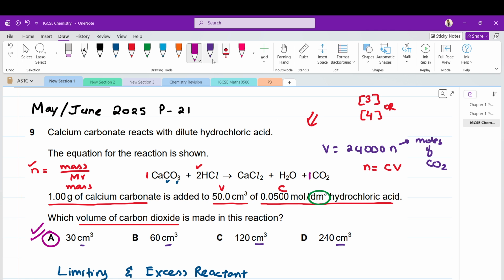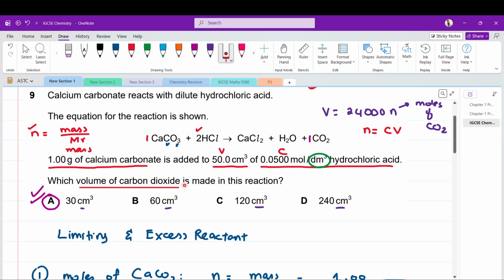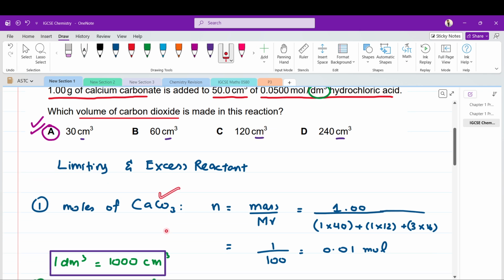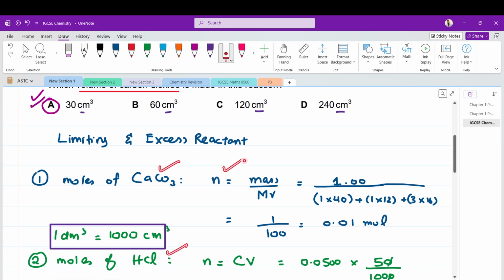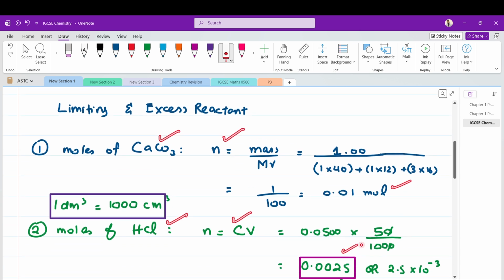You must see if you have complete information given for both the reactants. What do we mean by complete information? That you are able to calculate their moles without the involvement of another. You can stand alone, you can calculate their moles completely. Whenever this type of situation arises, that means this is a question of limiting and excess reactant.